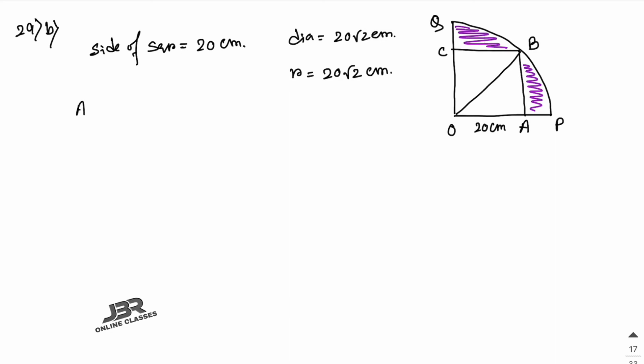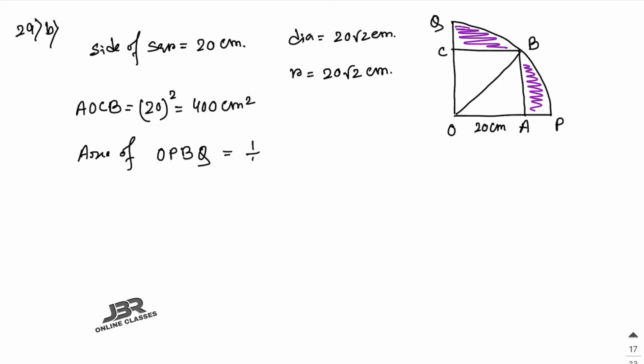First you have to find the area of the square AOCB, area equals 20 square, that means 400 centimeter square. Next you have to find the area of the quadrant OPBQ.